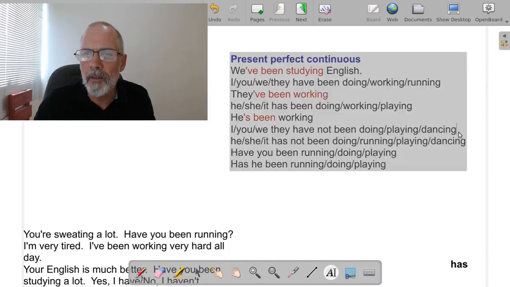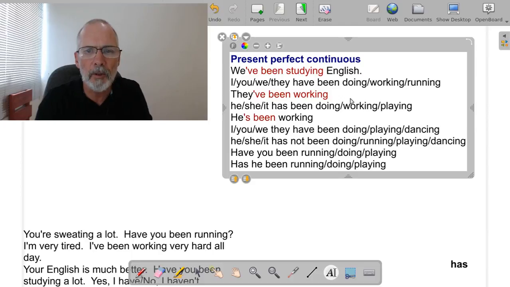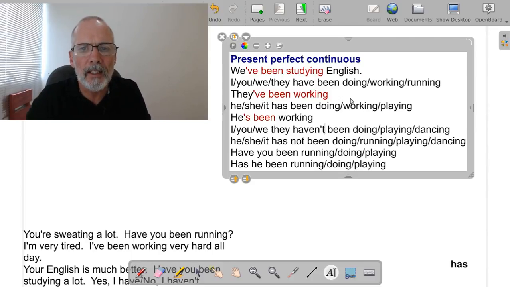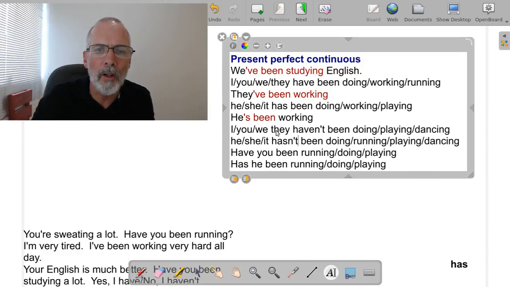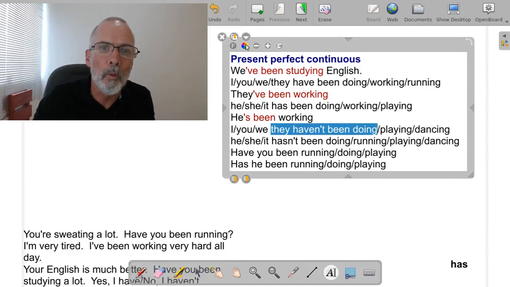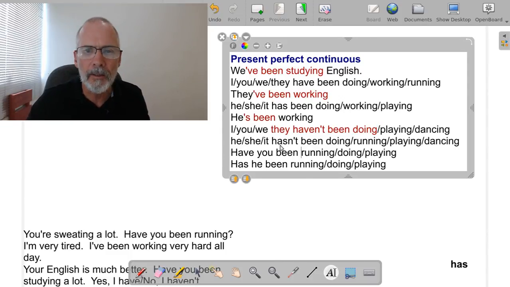The negative, of course, when we have the negative, we're going to contract this, the same as we did with the present perfect, and say haven't. And here we're going to say hasn't. This is what you're going to hear in the real world. They haven't been playing, they haven't been dancing, or it hasn't been doing.